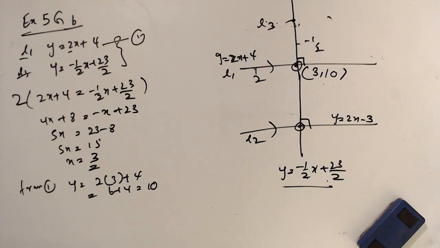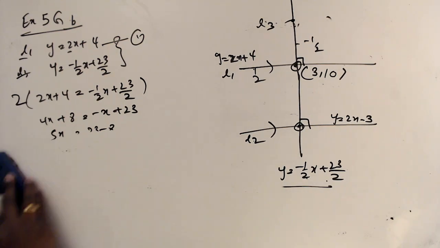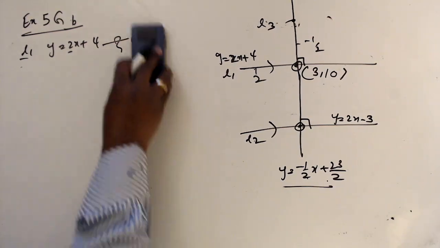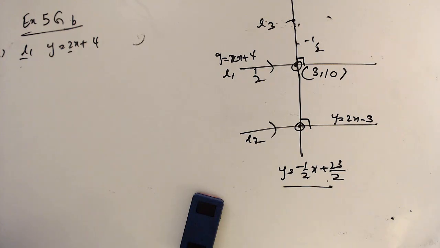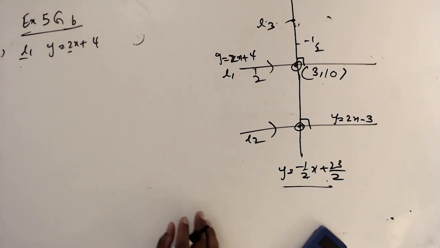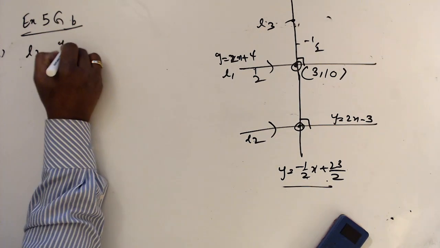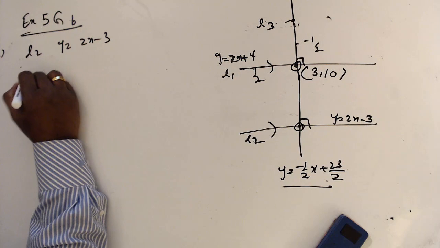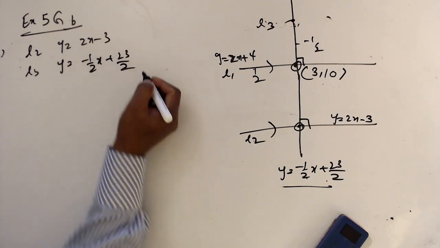Then part C, we want to solve L2, y equal 2x minus 3, and L3, y equal minus half x plus 23 over 2.